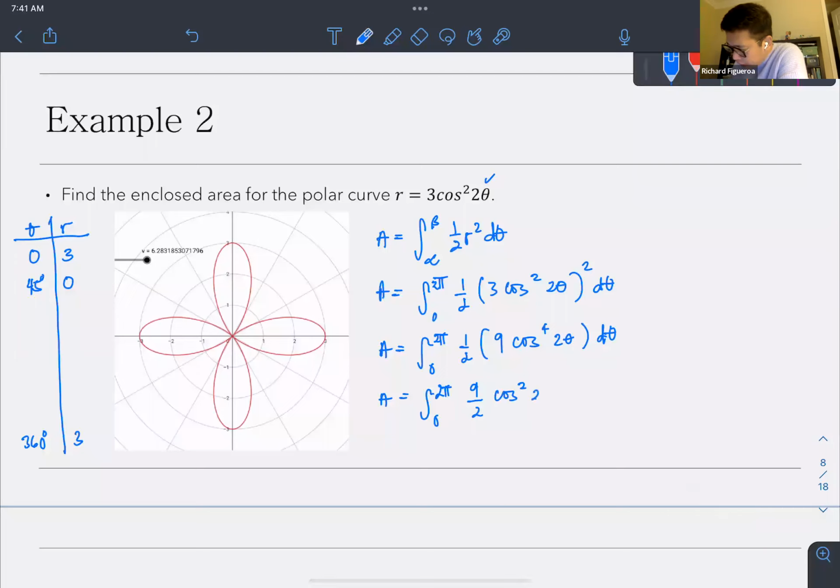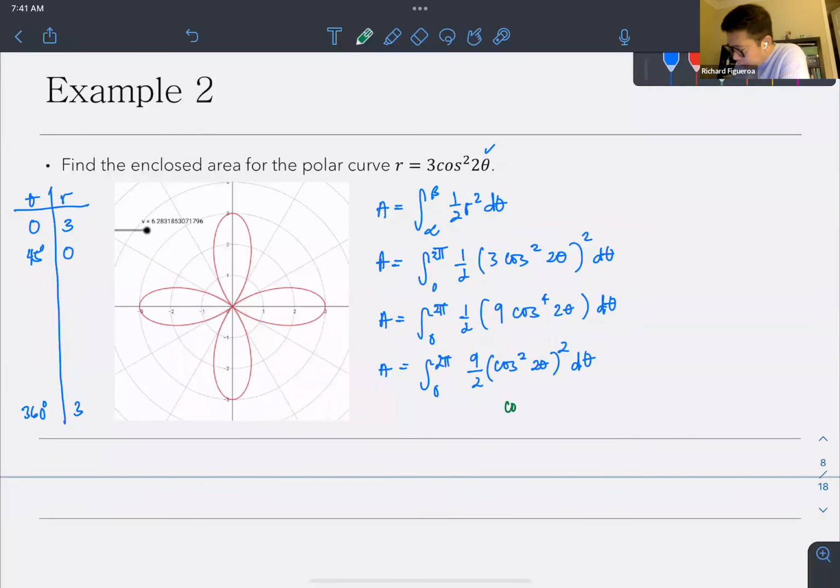That would be cosine squared 2 theta and then raise it to 2 d theta. Kasi what we have would be the cosine squared 2 theta, which is equal to 1 plus cosine 4 theta na siya. So since 2 theta yon, so cosine 4 theta all over 2.